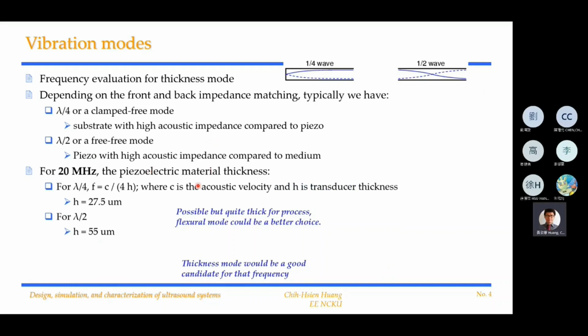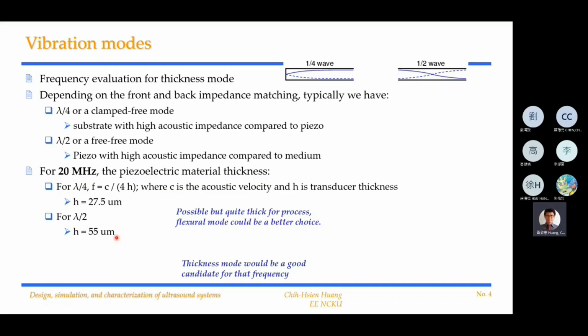And this is just an example. If the piezo material is 20 megahertz, for thickness mode, the quarter wavelength is probably 27.5 micrometers, and for the layer with two free ends, we have to reach 55 micrometers.